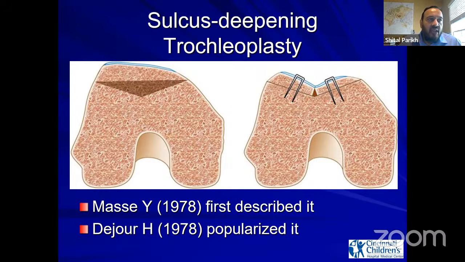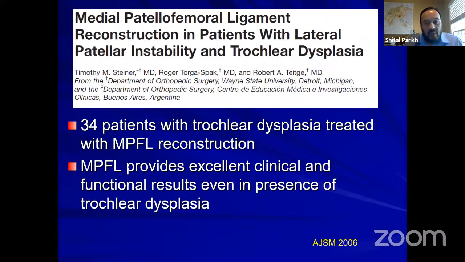Our indication is if the patient had trochleoplasty on one side, then I would do a primary trochleoplasty on the other side. But in my practice, the most common indication for trochleoplasty is during revision surgeries. The patient has failed a few surgeries, has a type D trochlear dysplasia, and has recurrent instability, then I would do a trochleoplasty for those patients.